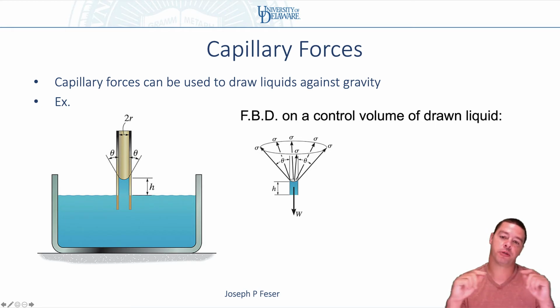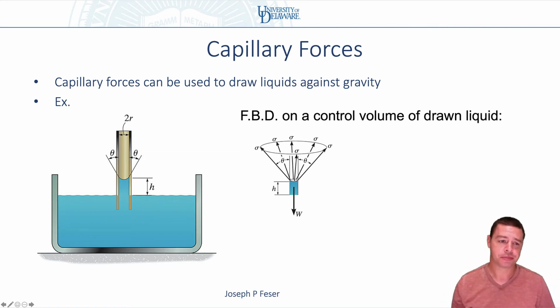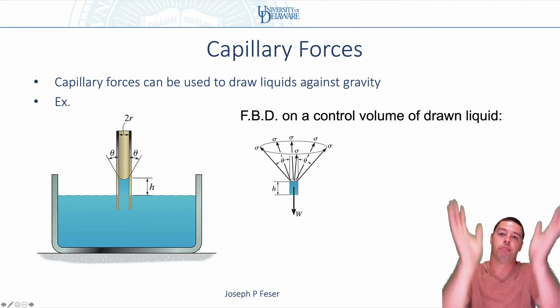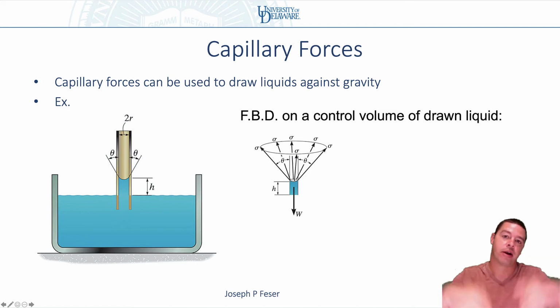So you've got a force per unit length acting around the contact perimeter where that liquid touches the glass tube. That force will generally try to pull the column of liquid upwards.